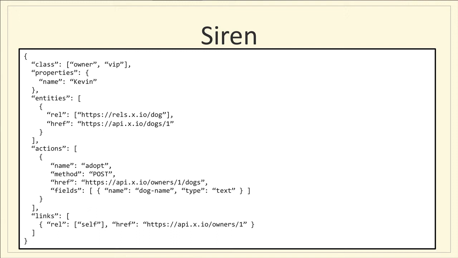So Siren includes all this in an array. All the rel values are in an array because we have more than one. Some other formats don't do that, but an example here is HAL. HAL does more of a key value approach where you can only have one rel value for the resource. So. Cool. Thanks again, Michael, for asking that question.